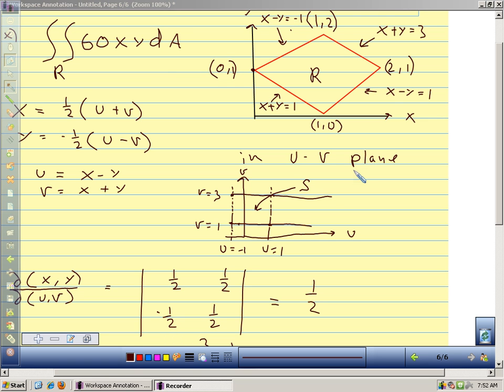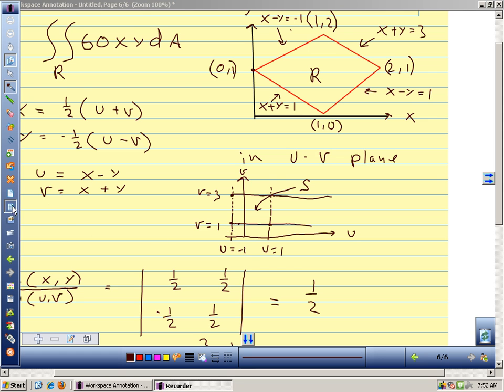But if you have a region where the boundaries are more complicated, I'm not going to go through this example, but I just want to give it as an example of a region with more complicated boundaries. Any questions before I move on about what we did here?